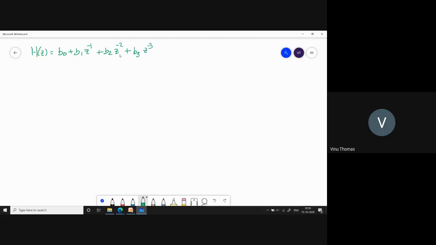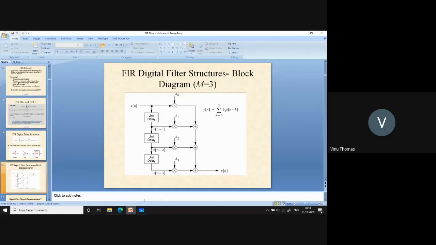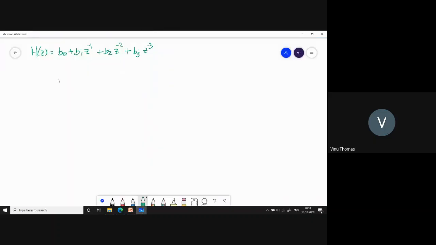So this is our filter. I will choose to draw the filter like this, with the delay line. In our earlier example, the delay line was shown as a vertical line. We will draw a horizontal line instead for our example, because that's easier for me to draw.